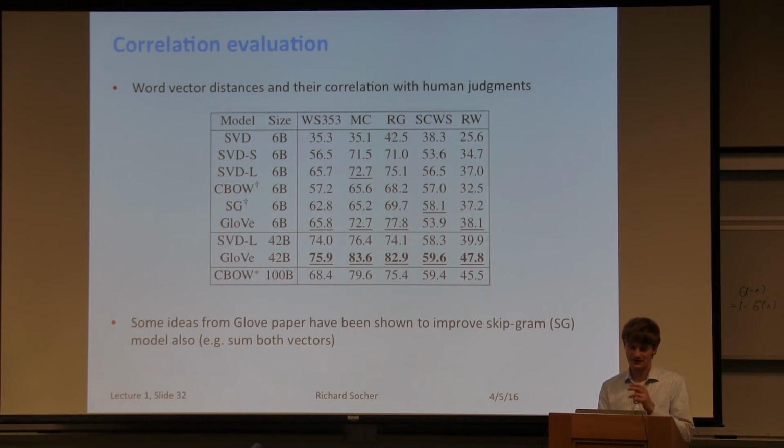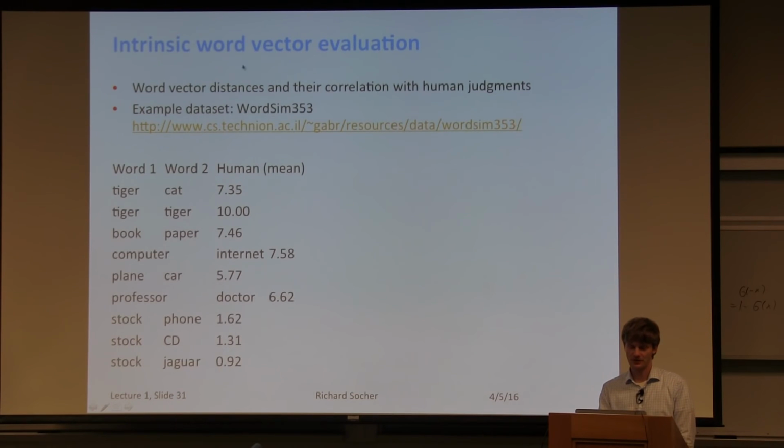And again, the GloVe model that is trained on a very large corpus does very well on a lot of these different kinds of similarities, and its inner product distances have high correlation to the human judgments. And there are a couple of different corpora that are available. This one here is very popular, though it is very small. It just has 353 word pairs.